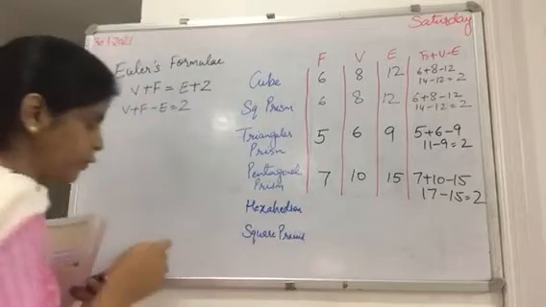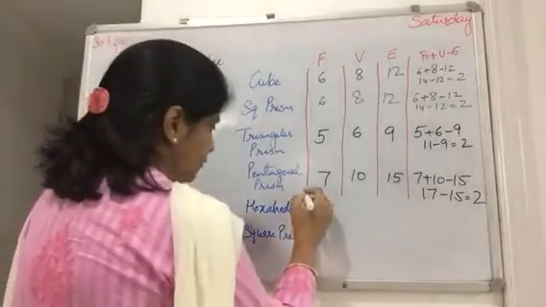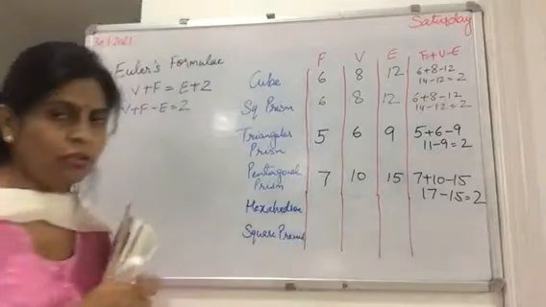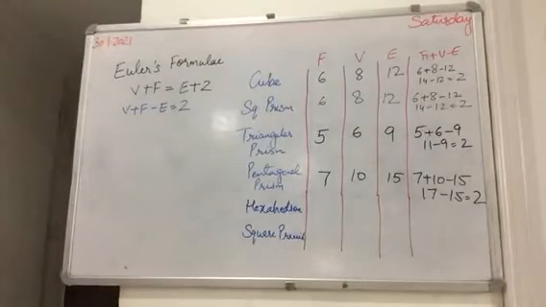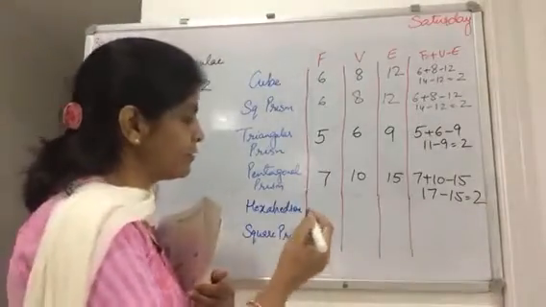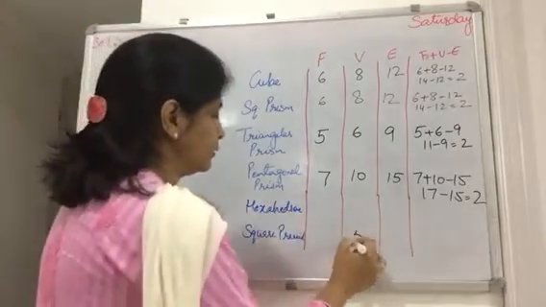First we will go for the square pyramid. Let me extend this line. This question you do in your book only. Just write down the vertices, faces and edges. Now let's talk about the square pyramid first. Square pyramid has 4 sides at the bottom and 1 top, so 5 vertices.